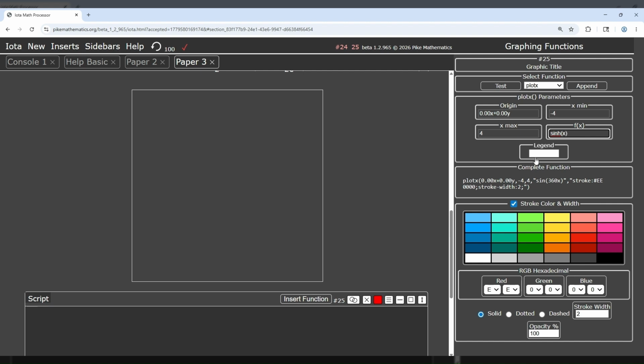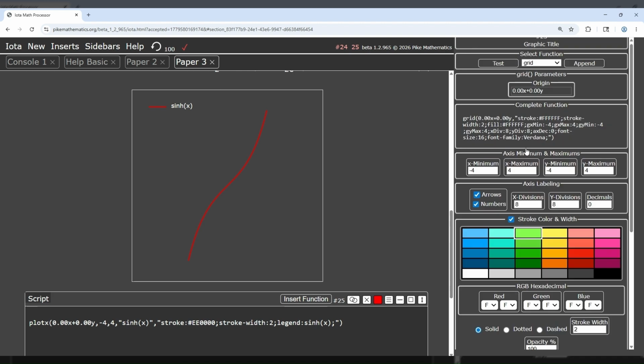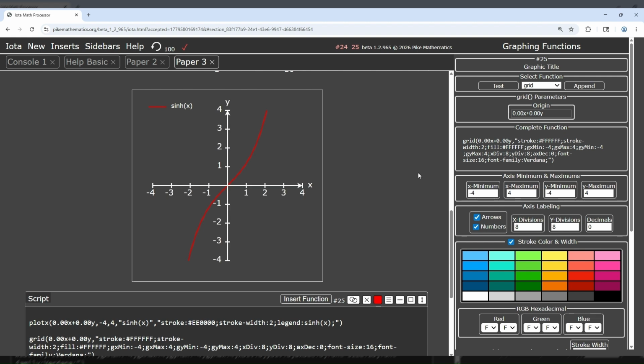Okay. Well, we'll label this. Okay. Let's test it. See what it does. There we go. I'm going to add that. And I'm going to put a grid on it so we can see it nicely. Okay. So that's the hyperbolic sine function.